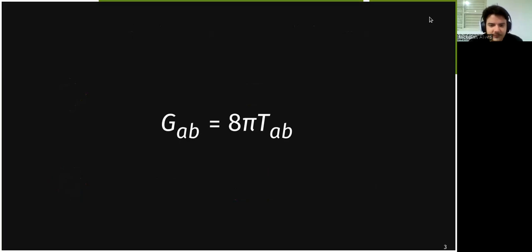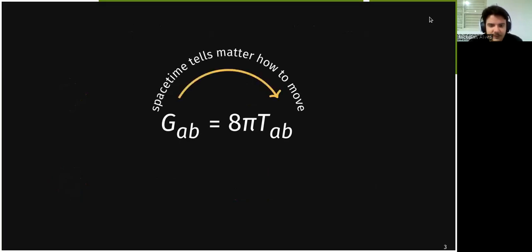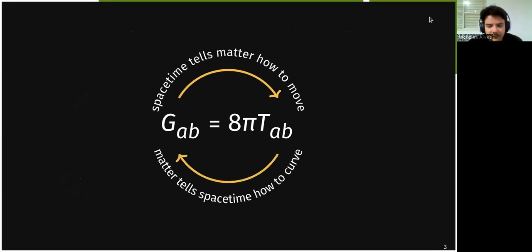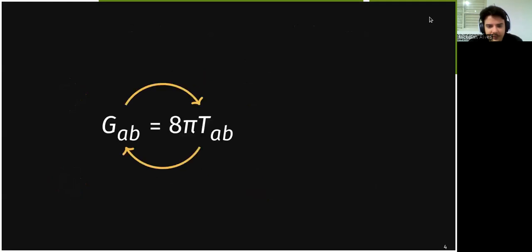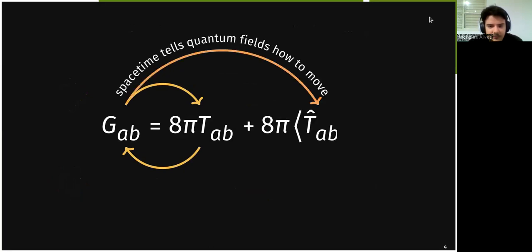General relativity is briefly the statement that spacetime tells matter how to move, while matter tells spacetime how to curve. And we improved on this by going to quantum field theory in curved spacetime, which, in addition to this relation between classical spacetime and classical matter, we also allow spacetime to tell quantum fields how to move.